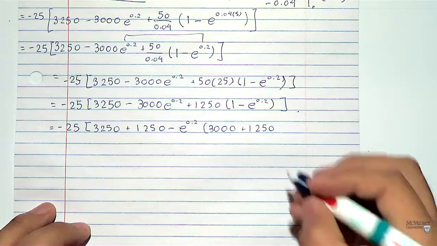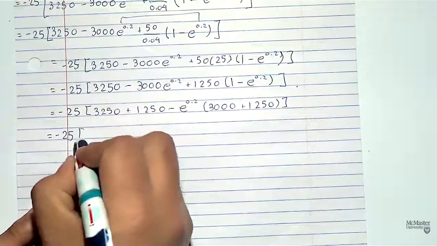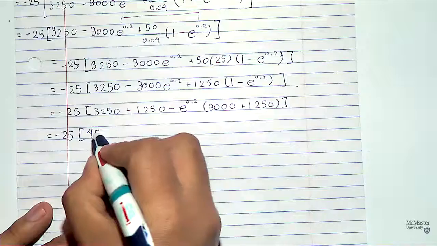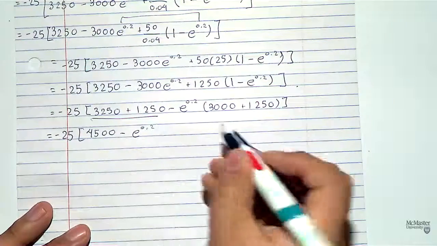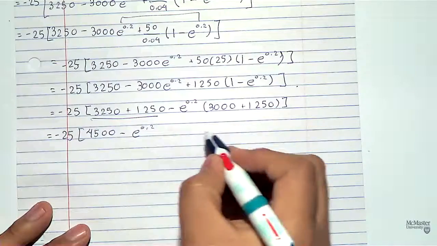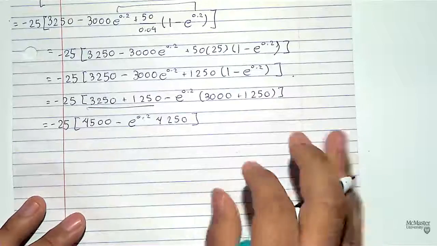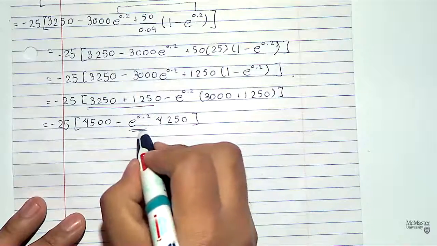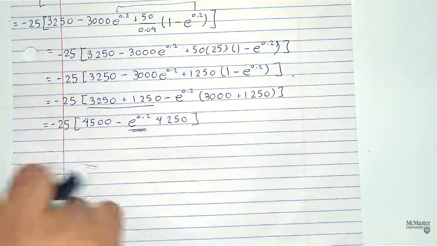So, okay, this is minus 25. Here I have 4,500 from these two, minus exponential of 0.2 of 4,250. So actually what happens is that this factor is bigger than 1. So that will make, considering this sign, everything positive, right?